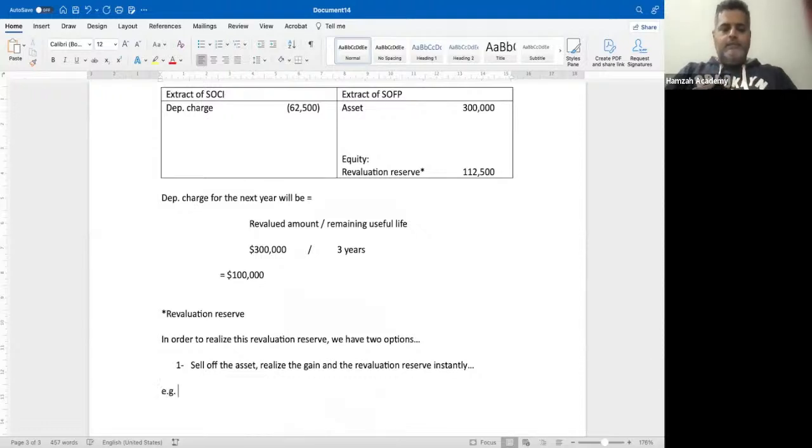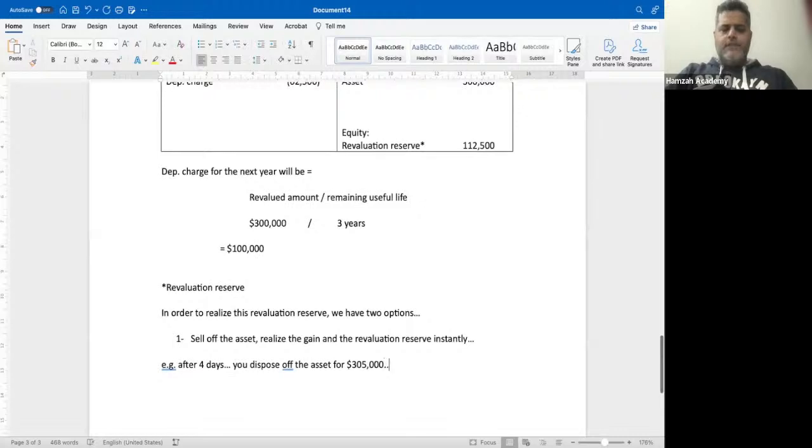Like, for example, after 4 days, you dispose of the asset for 305,000, right? After 4 days, you straight away dispose of the asset for 305,000.